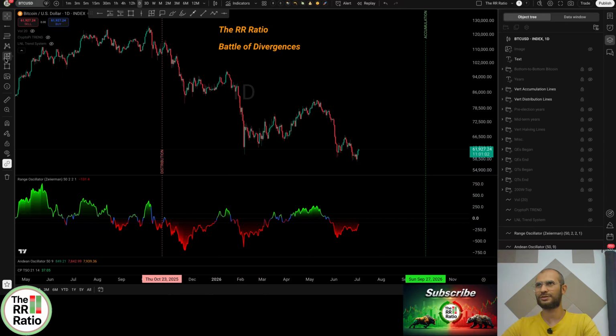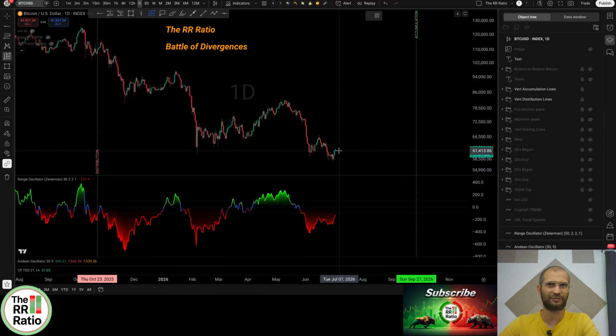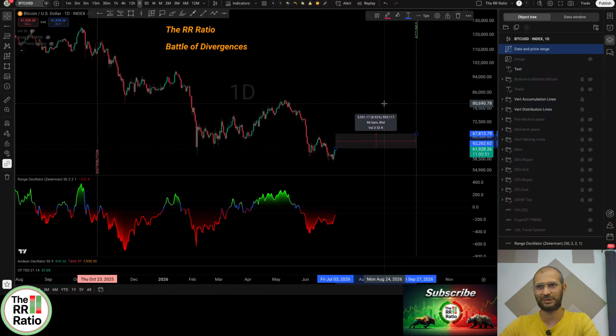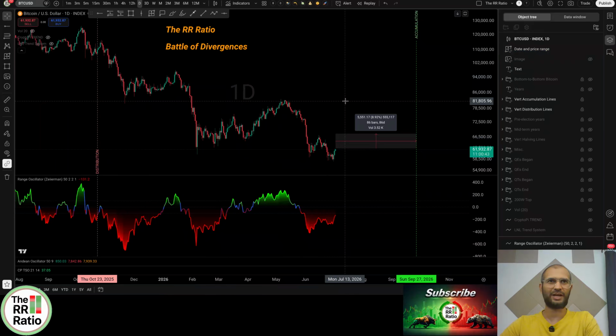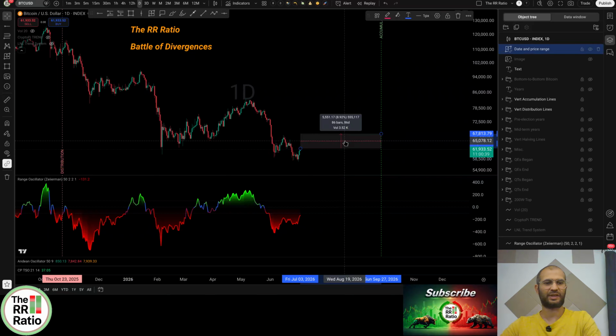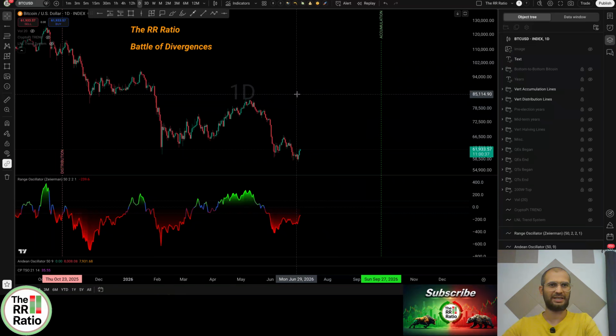And just to see how far we are from the accumulation line, it's not really that far. We are around 86 days, so approximately 2 months and 3.5 weeks. And the exact date which we have identified for our price to cross the accumulation line is 27th September.